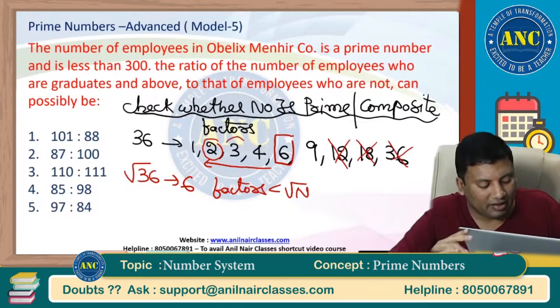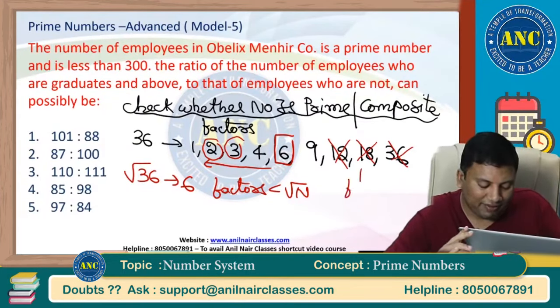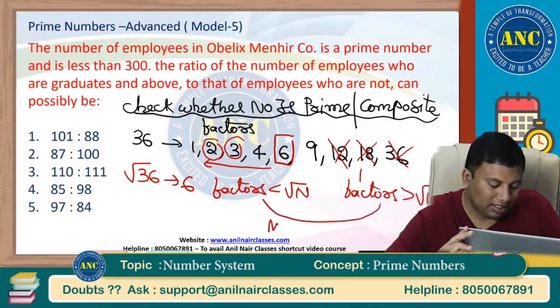Or if 36 is not divisible by 3, it cannot be divisible by any number which is a multiple. Can I say factors greater than root n are actually multiples of factors less than root n?